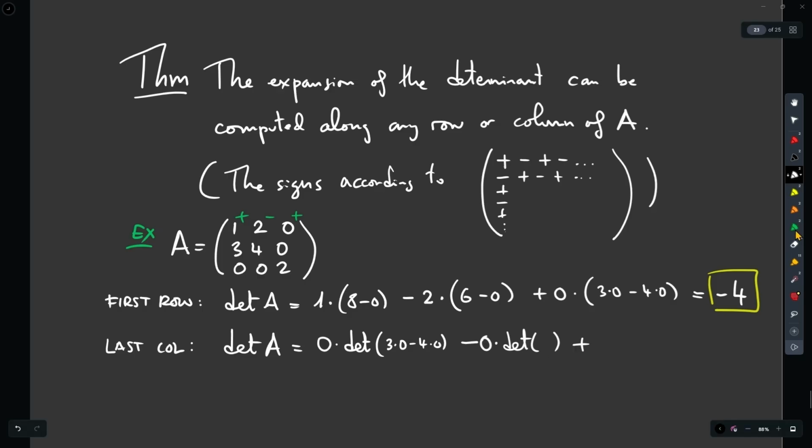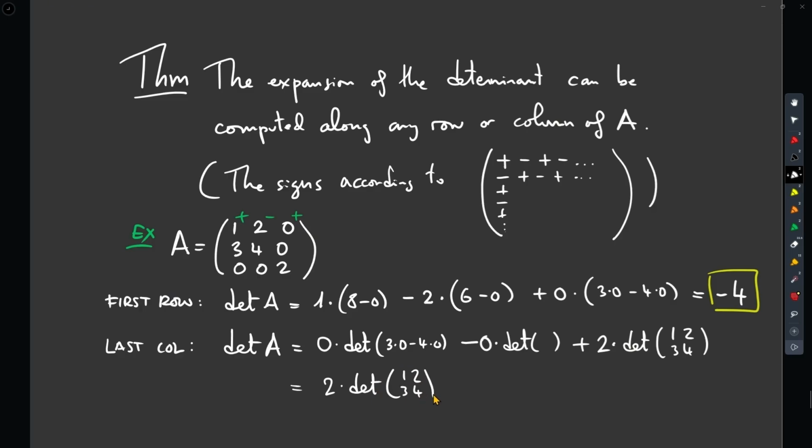Plus, and then a 2. This 2 comes from this entry right here, and then I multiply by the determinant of the minor that I'm left with, the determinant of 1, 2, 3, 4. So the total is twice the determinant of 1, 2, 3, 4. It's 2 times (4 minus 6), so it's 2 times minus 2, which is minus 4.